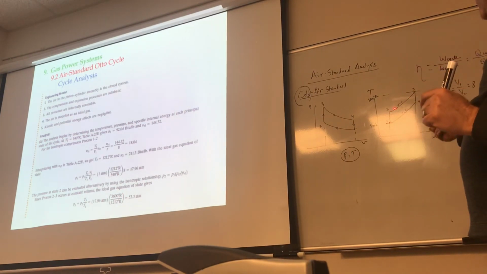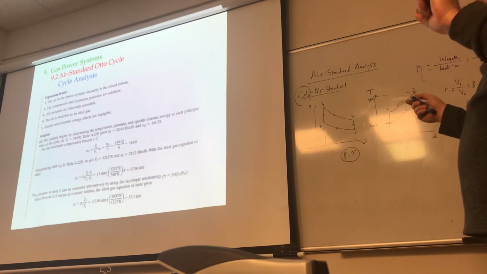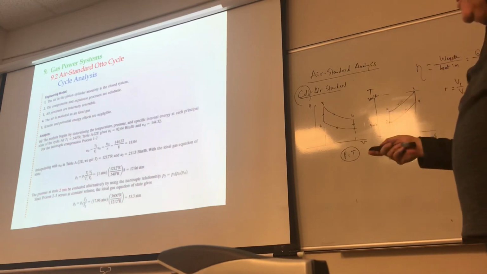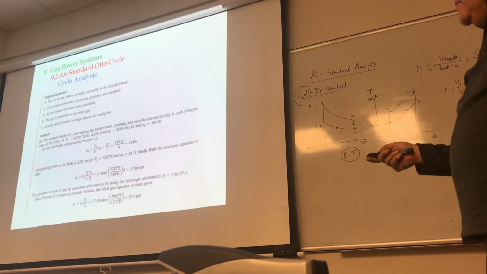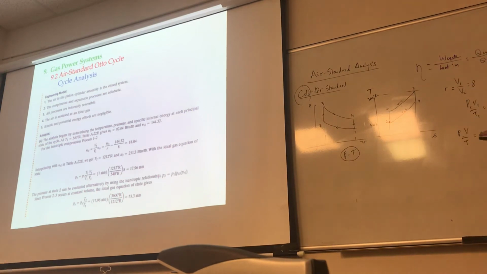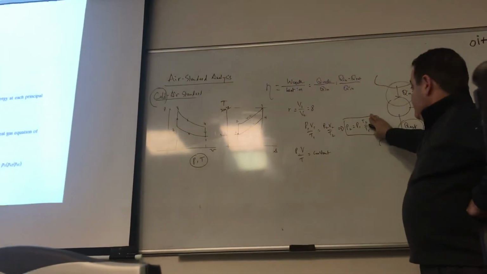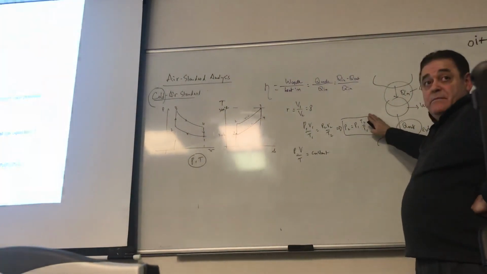Now between 2 and 3, the process is not isentropic, it is constant volume, okay? So what happens, right? Since process 2 to 3 occurs at constant volume, when you have PV over T equal to a constant, the volume ratio becomes 1.